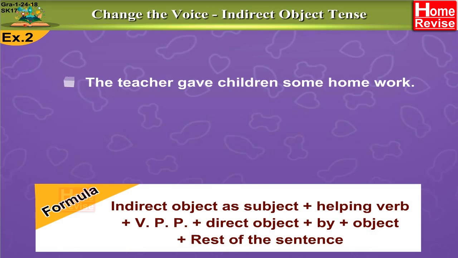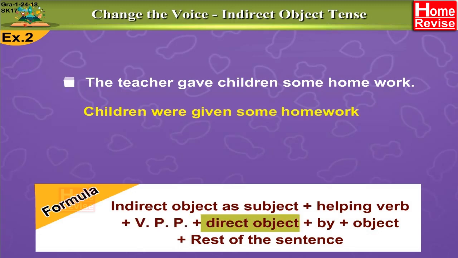So children is the indirect object. As per the formula, the sentence in the passive voice begins with the indirect object: children, followed by the helping verb were, the past participle of the verb gave, which is given, the direct object some homework, by the subject, the teacher. So the answer is: children were given some homework by the teacher.